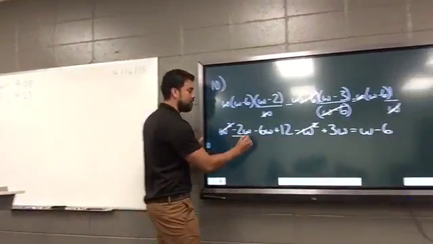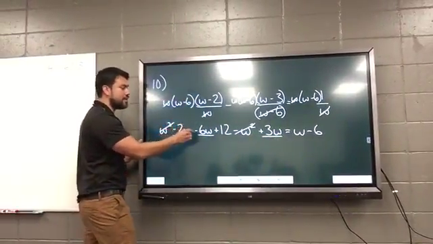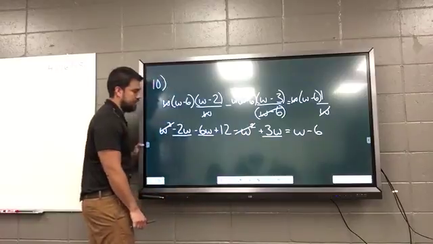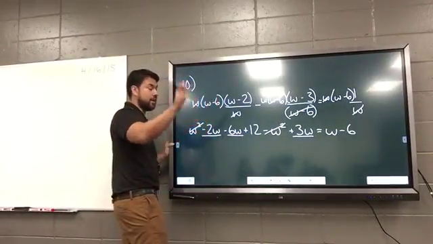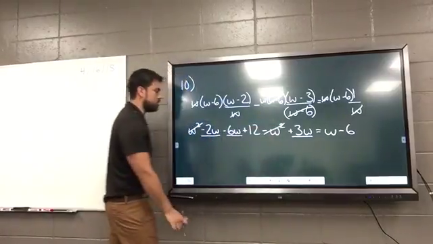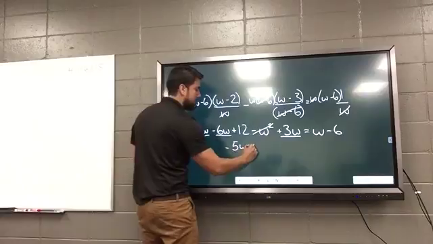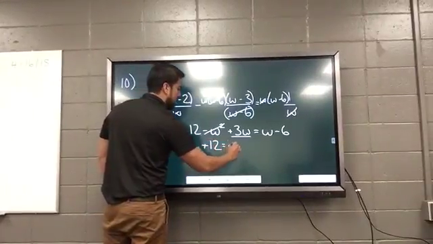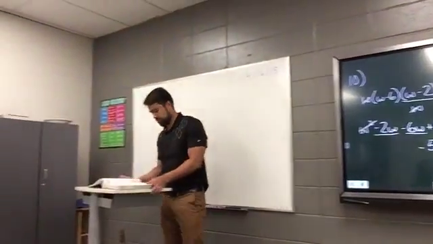Okay, now we have 3 W terms. So it's negative 2 plus negative 6 plus 3. Oh, no. Don't think GCF right now. We're just adding like terms. Negative 5W, and then 12 is by itself. All right, go ahead and solve it from here.